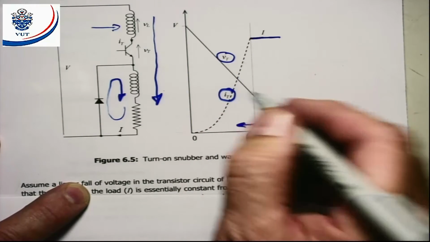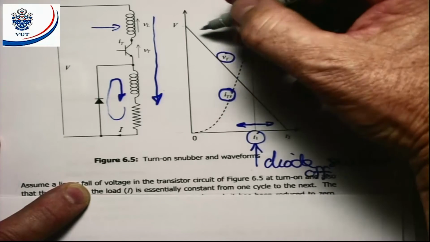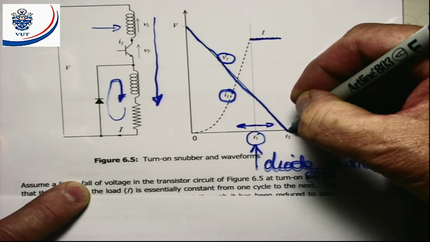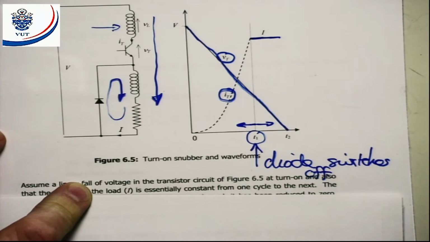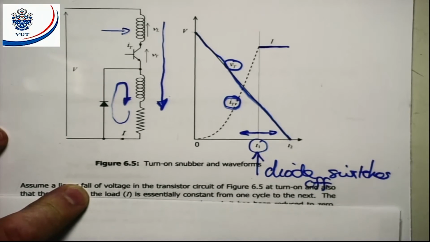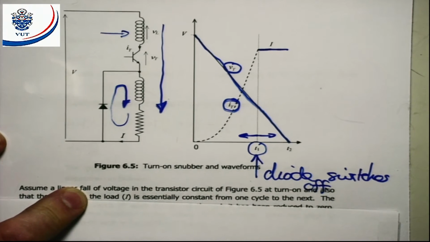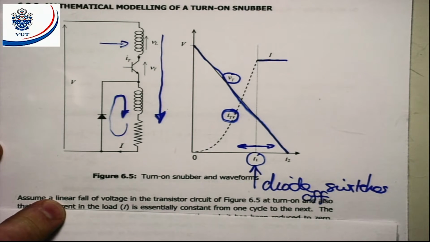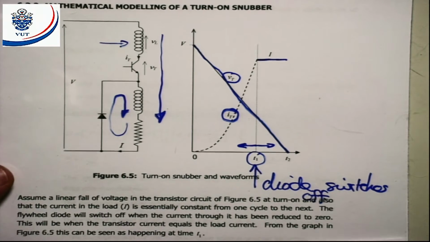But now Vt is the one that has got the linear fall. It is not really completely linear, but it makes our life much easier if we assume linear fall. And the answers that we get are close enough so that that assumption is okay.